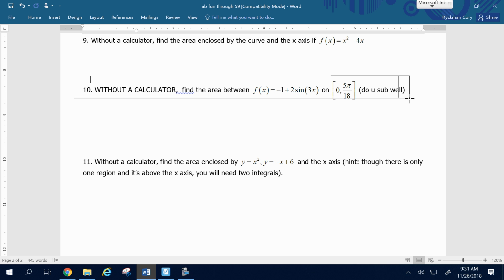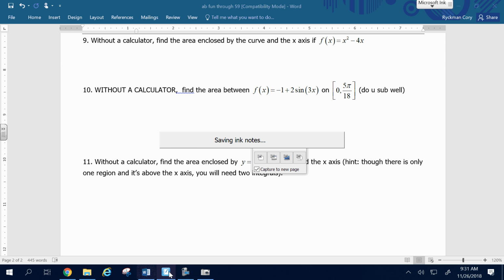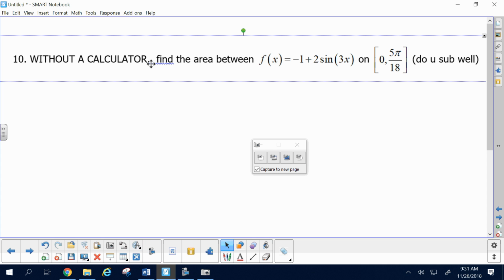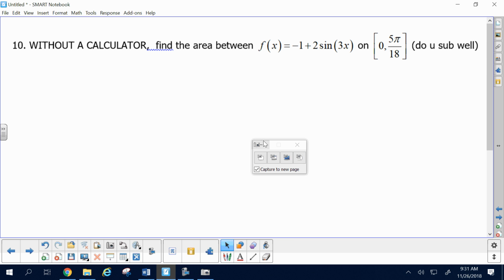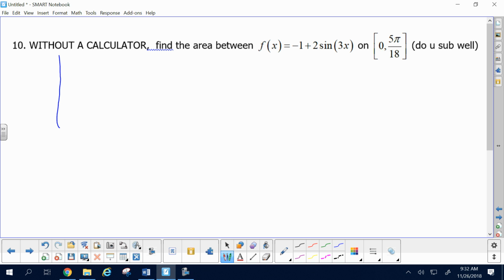This one will be considerably harder. So you want to picture first.